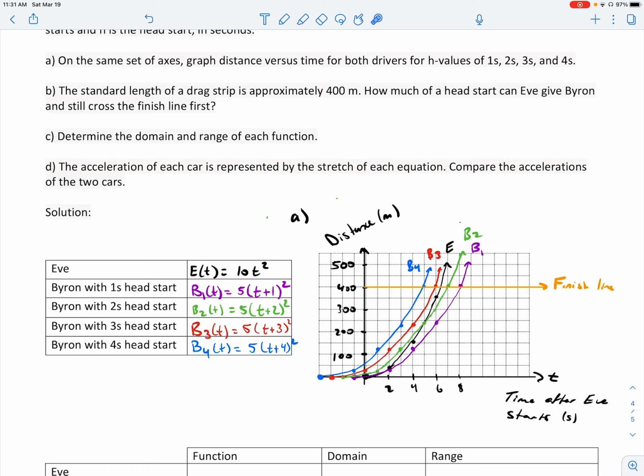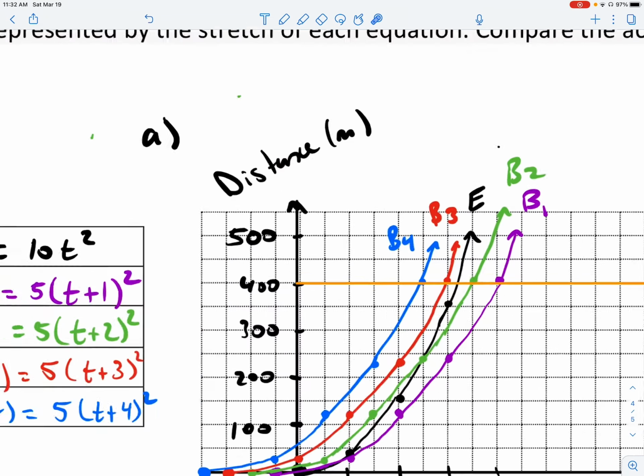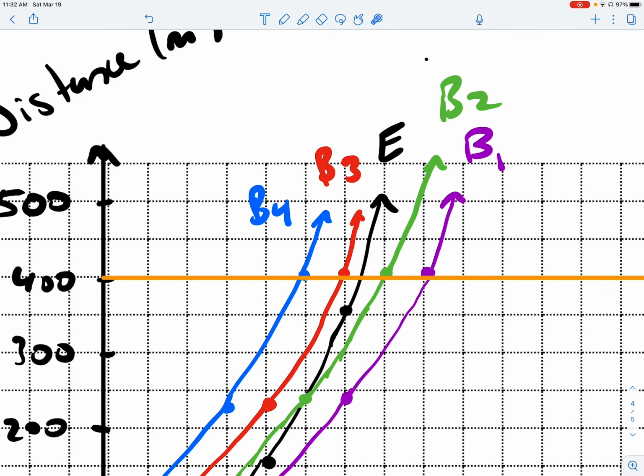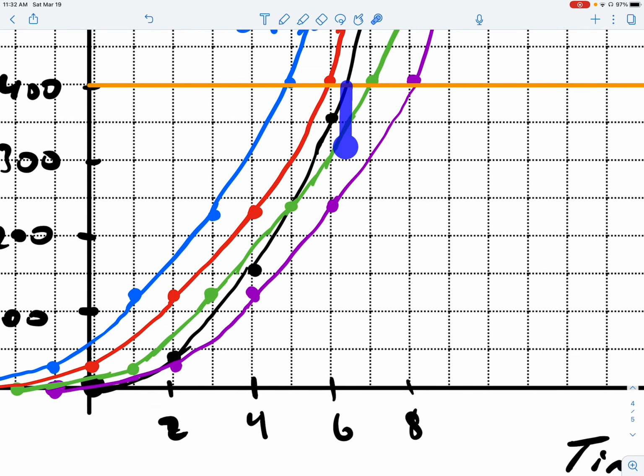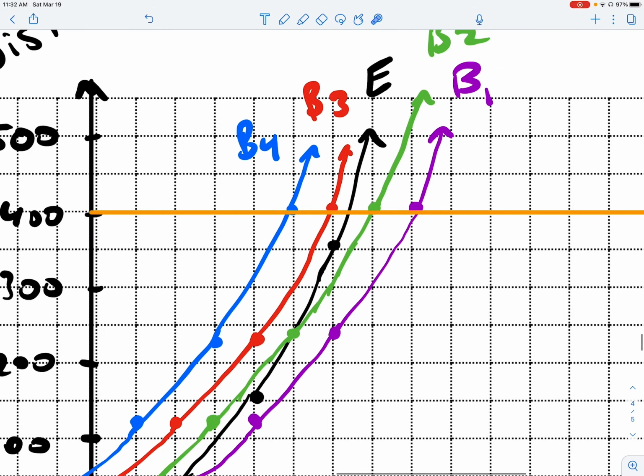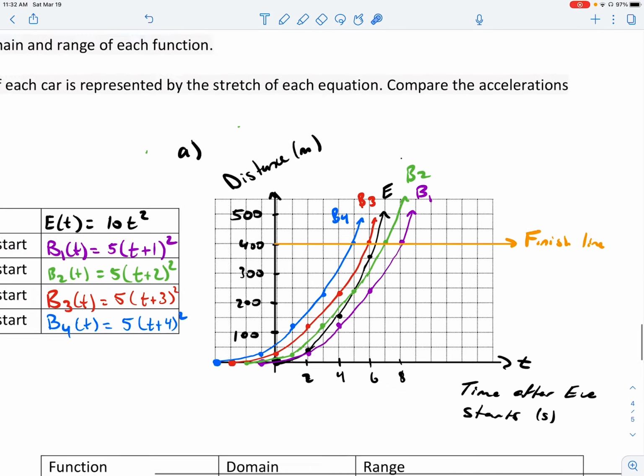Eve could probably still win even with a 2.5 second head start, it looks like. If I zoom in, you can see right here that's a little bit before 6.5. So there's a 2 second head start. If he did 2.5, Eve would still probably win. So it's about 2.5 second head start.